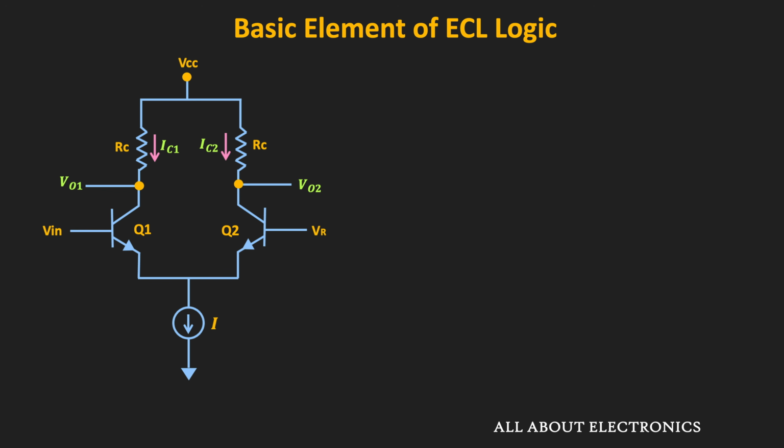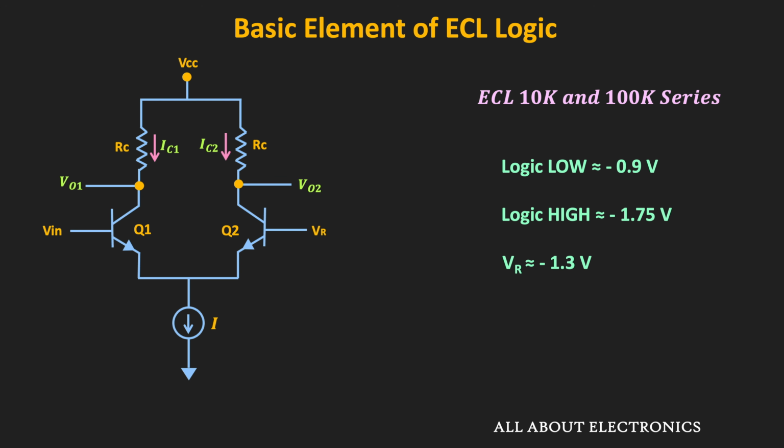If you see the commercially available ECL gates, then the 10K and the 100K series are very popular. And of course, nowadays, different versions of these series are also available. In these ECL gates, when they are operated with the negative voltage, the reference voltage is kept around minus 1.3 volt.